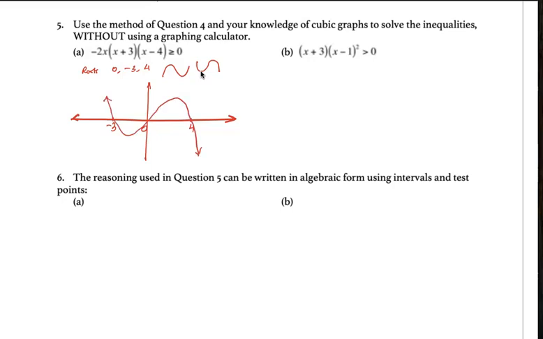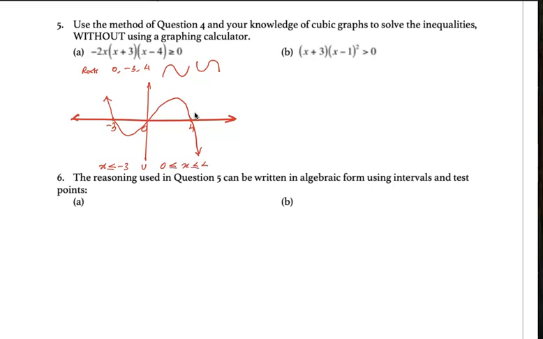Now, when is it greater than or equal to 0? It's equal to 0 at minus 3, 0, and 4, and it's greater than 0 from 0 to 4. Also, can I say x is less than or equal to minus 3? Yes, this part, sorry, I didn't see that, and between 0 and 4.